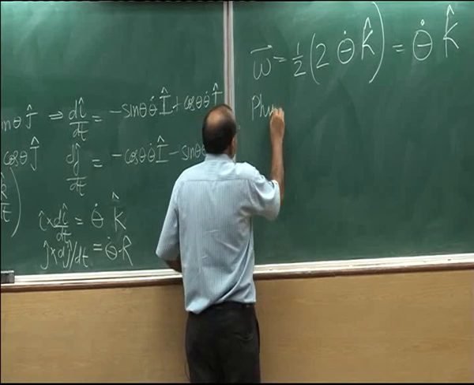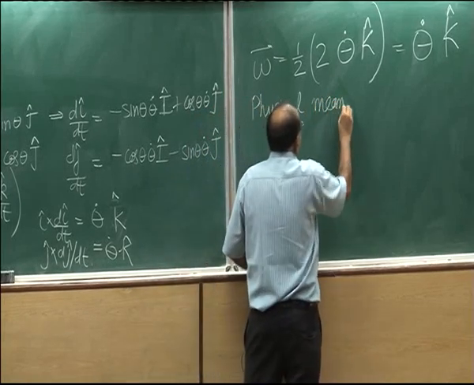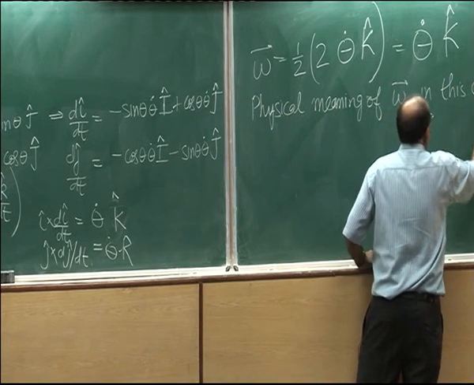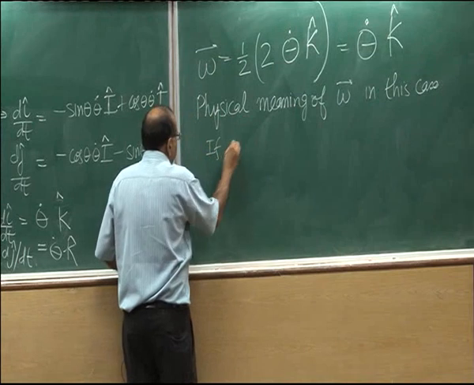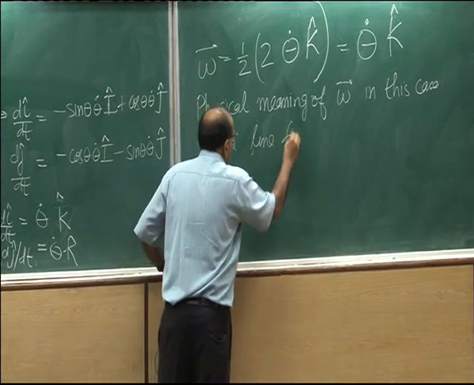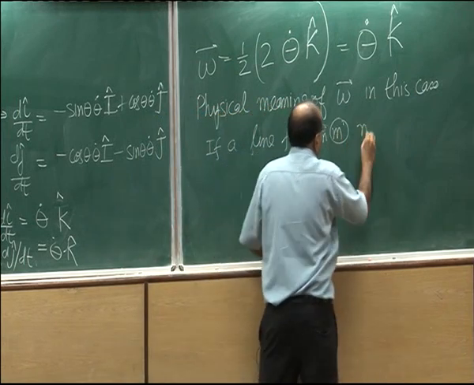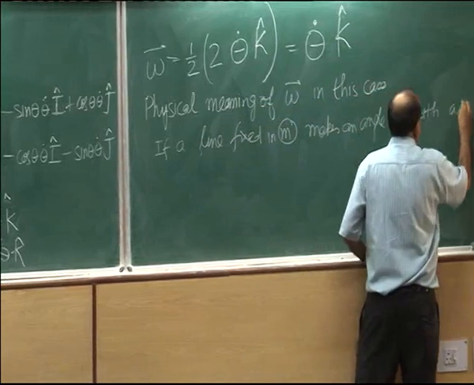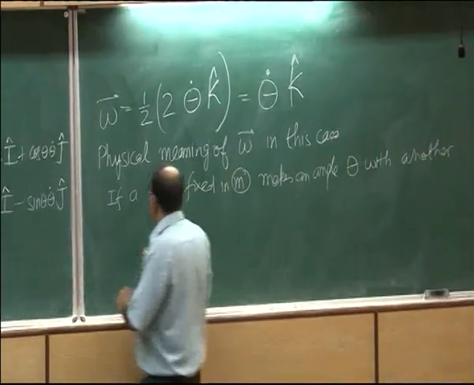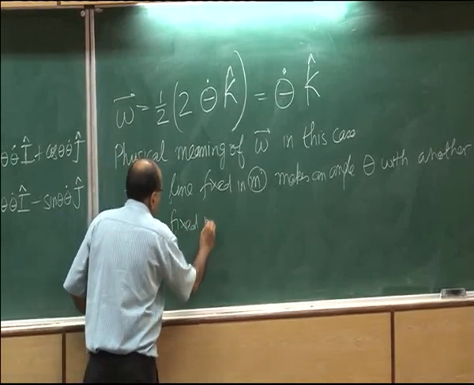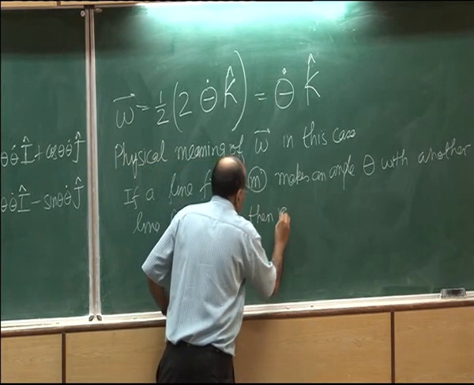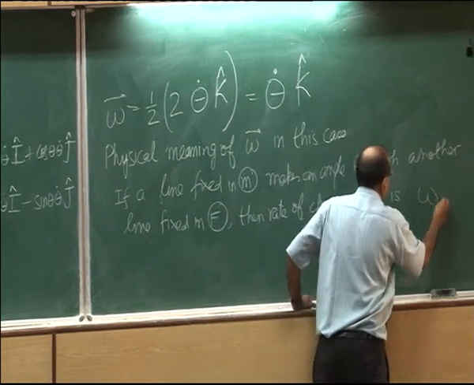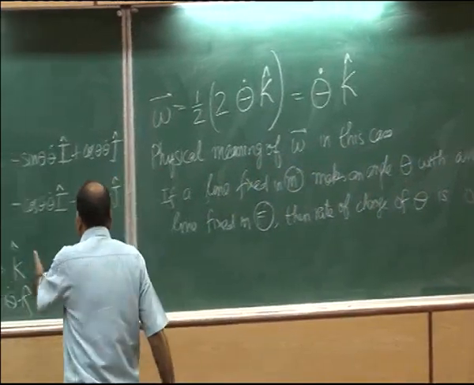So physical meaning of omega in this case is, if a line fixed in M makes an angle theta with another line fixed in F, then rate of change of theta is omega, the scalar omega, because it has only one component along k.